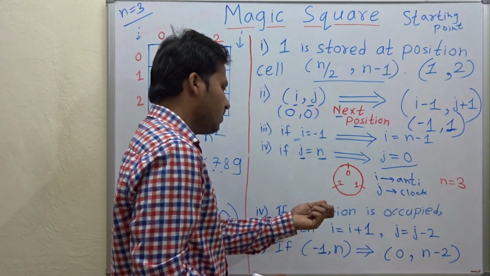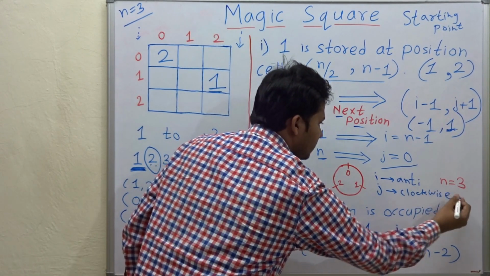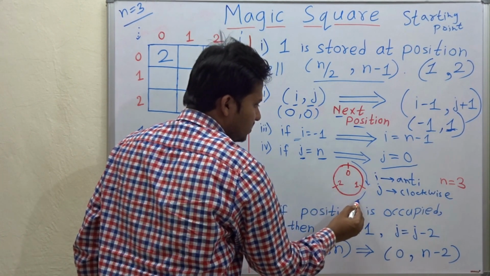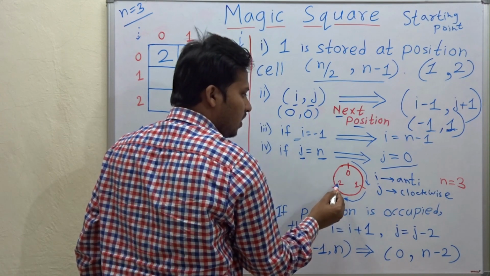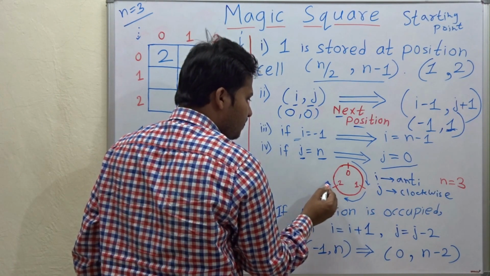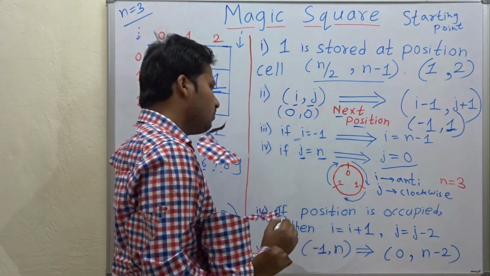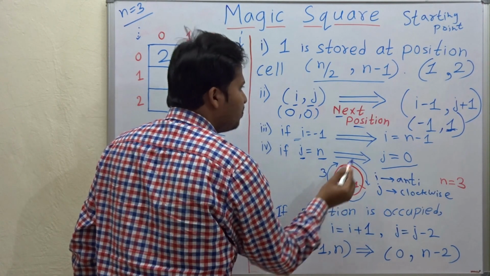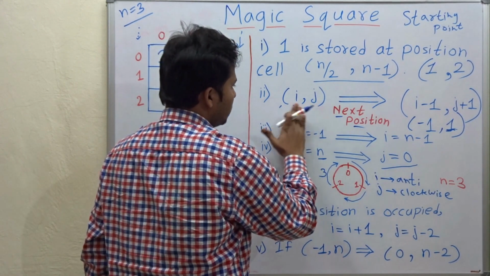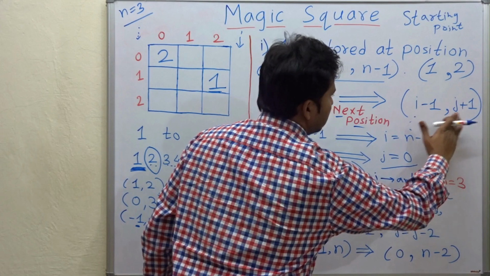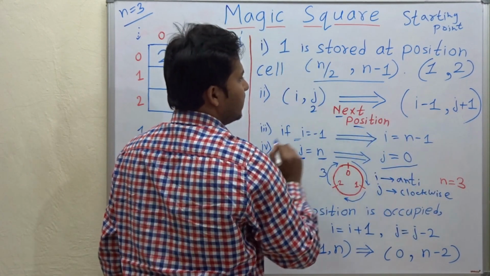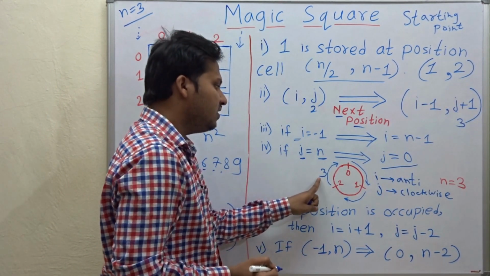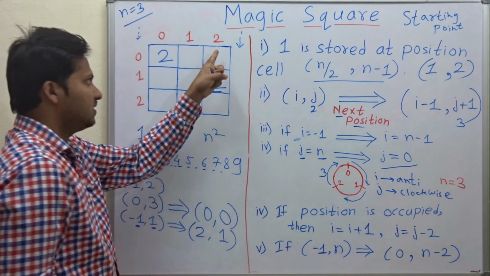As j is going clockwise, after 0 the value of j will be 1, after 1 the value of j will be 2. But after 2 the value of j would actually be 3, because 2 plus 1 is 3, but 3 is not present in our indices.